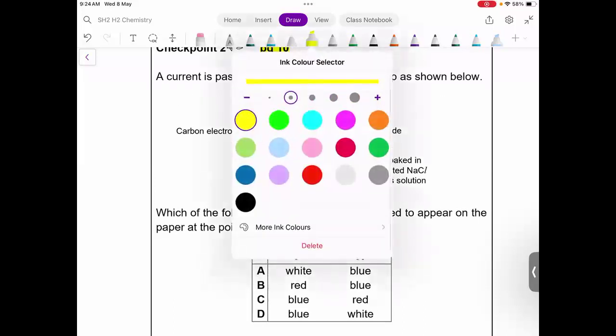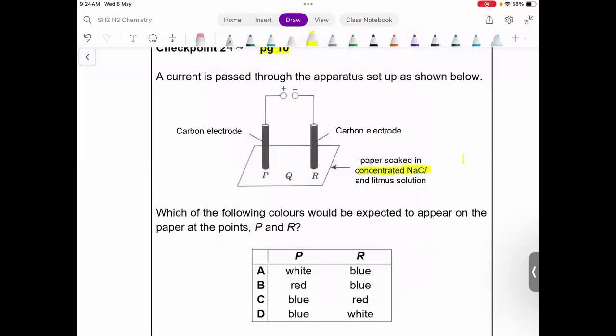Okay, so we are working with concentrated sodium chloride. So that is analogous to using brine. Okay, so this is electrolysis. Where is the cathode? Where is the anode?